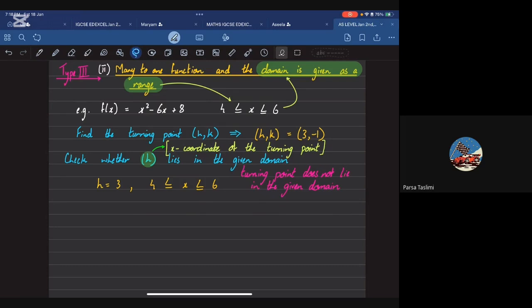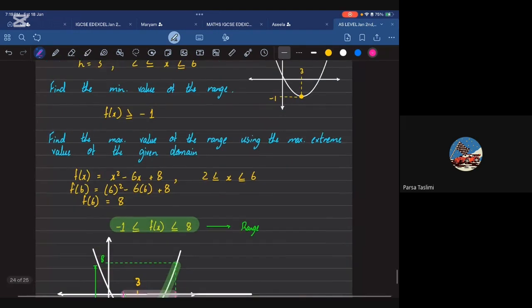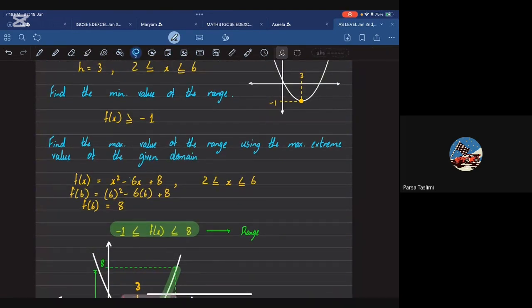Again, you're just going to try and put the values of your domain, your extreme values, into the function again. It's just as simple as that. For example, this is going to be the case again.